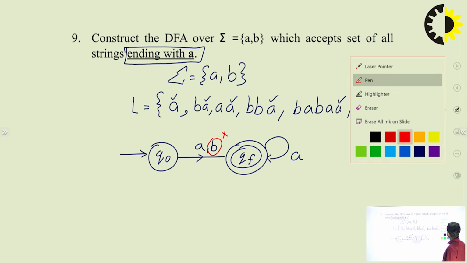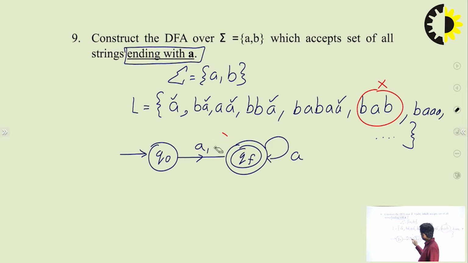So just erase that. Now this state ends with A. I can write B here, this loop here. Now this is correct. Any number of B, then A, ending with A, is accepted.